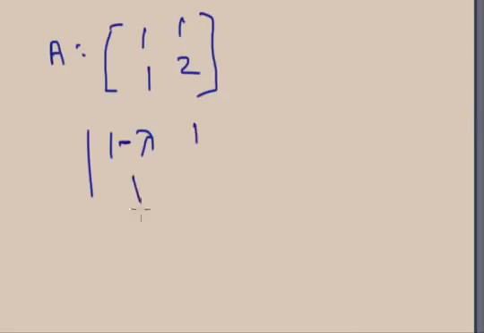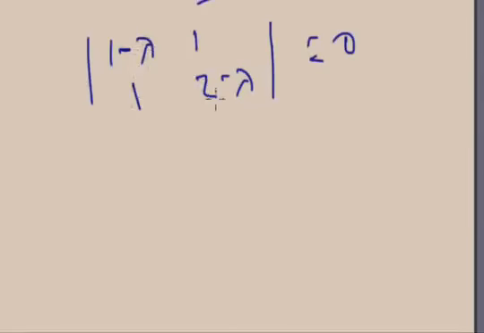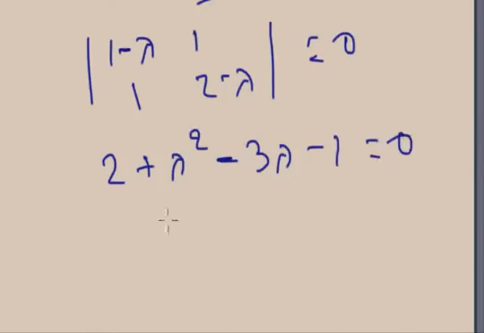Then (1 minus lambda)(2 minus lambda) minus 1 is equal to 0. This means lambda square minus 3 lambda plus 1 is equal to 0.